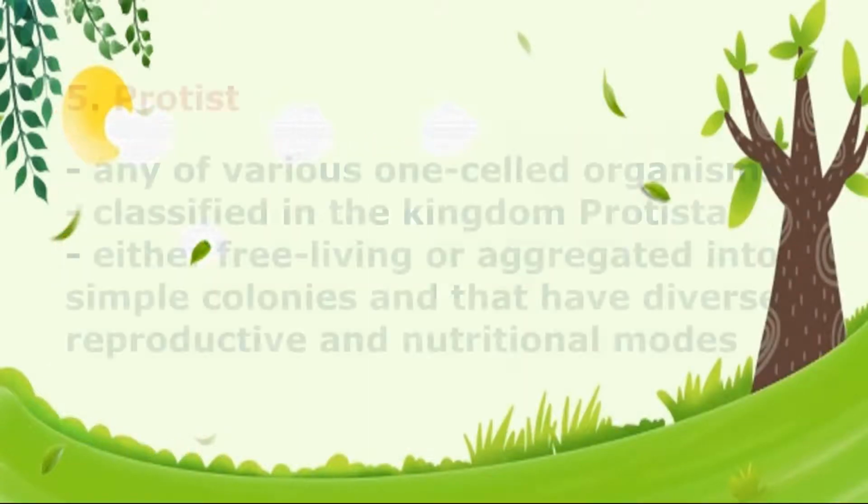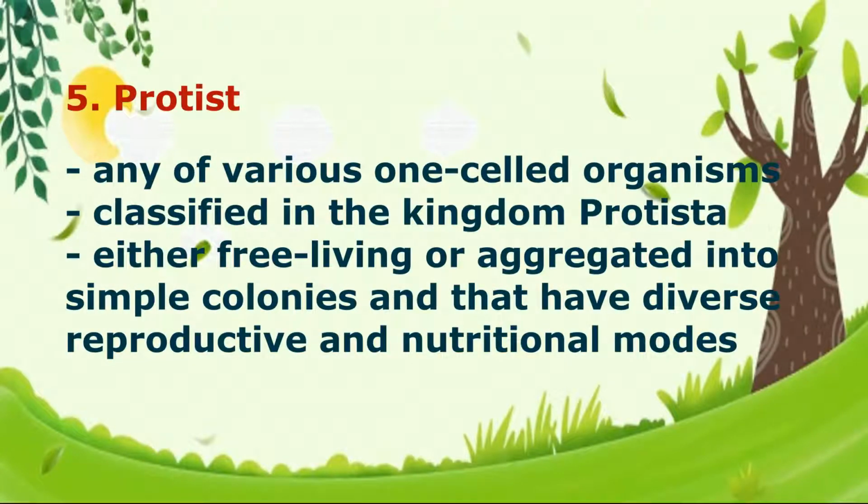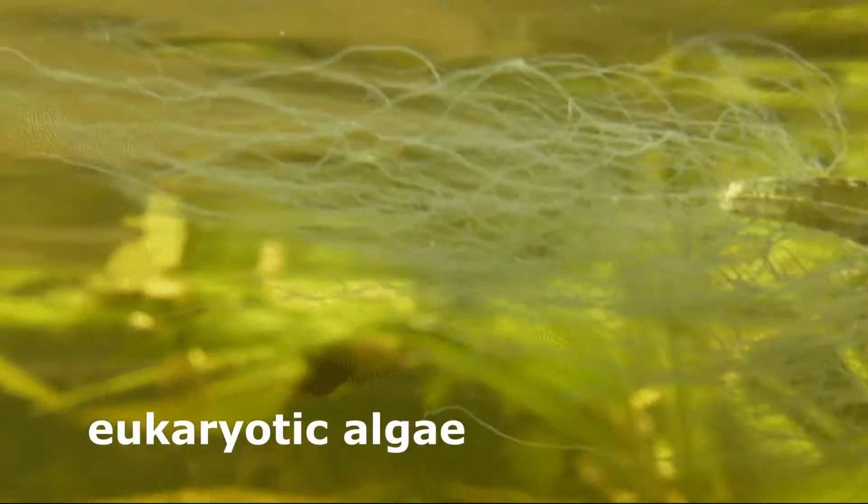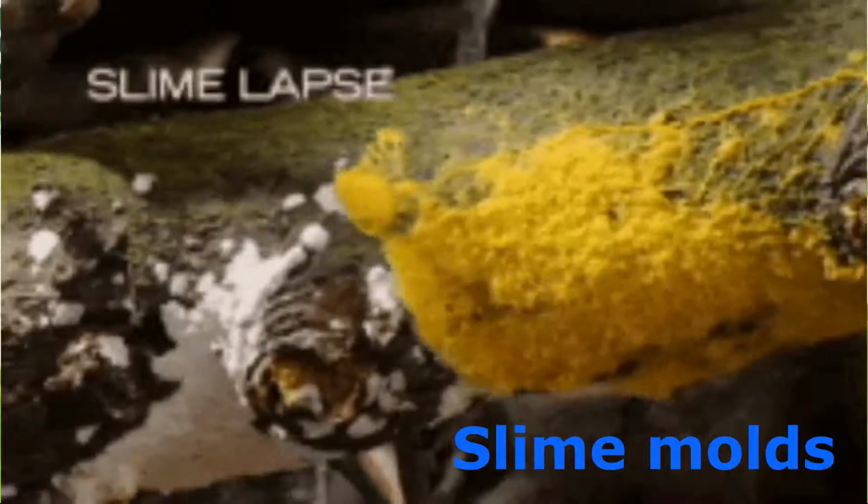5. Protists. Any of various one-celled organisms classified in the kingdom Protista that are either free-living or aggregated into simple colonies and that have diverse reproductive and nutritional modes, including the protozoans, eukaryotic algae, and slime molds.